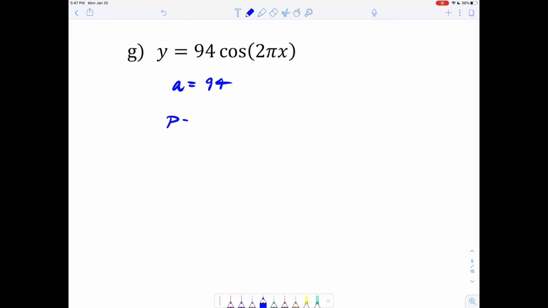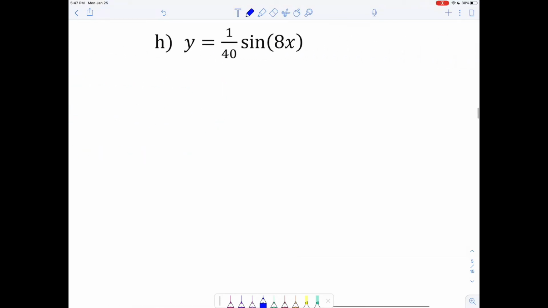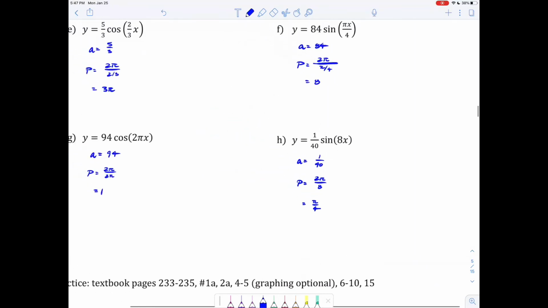The period is 2 pi divided by, whoa, that b value is 2 pi. Weird. And there's this last one. The amplitude is 1/40th. The period is 2 pi over 8, which is just pi over 4 when we simplify. So there's all the answers on screen at once.